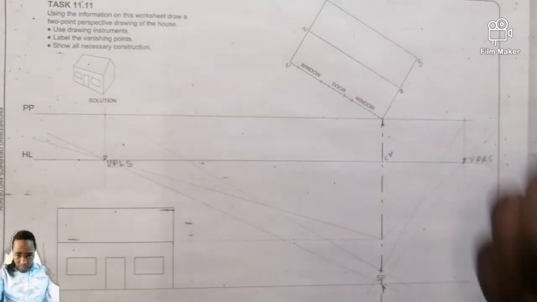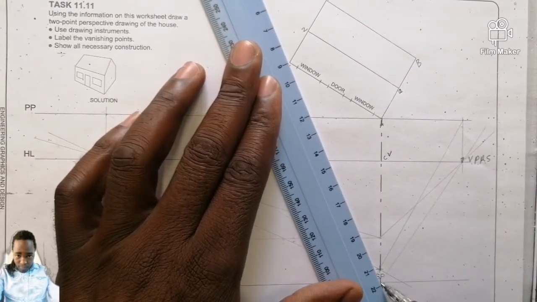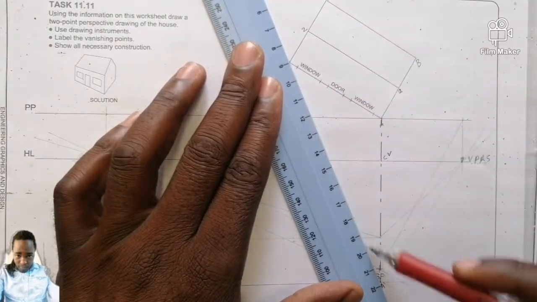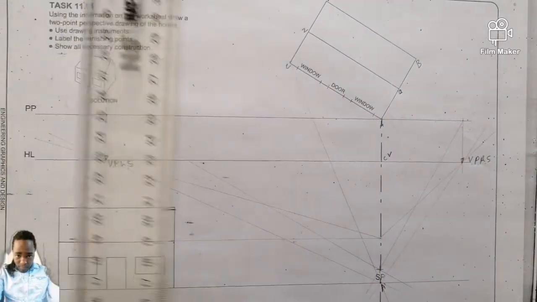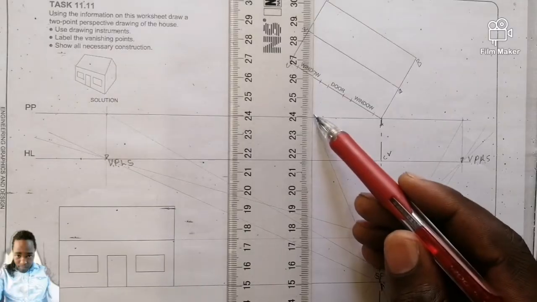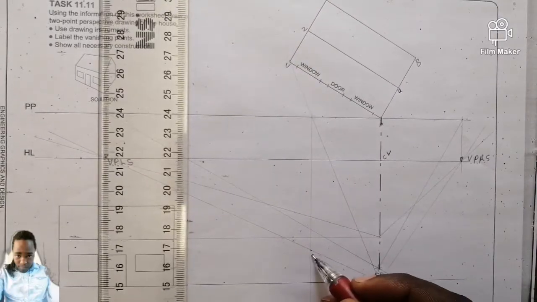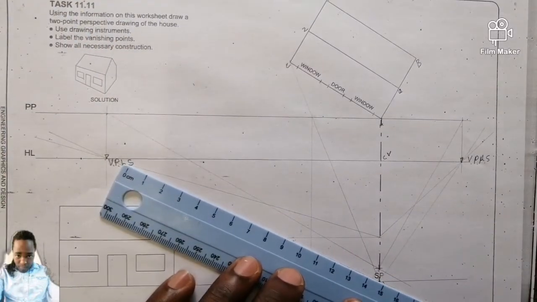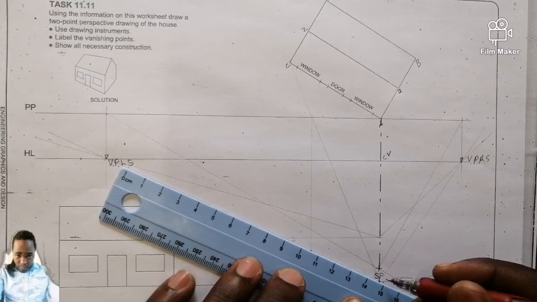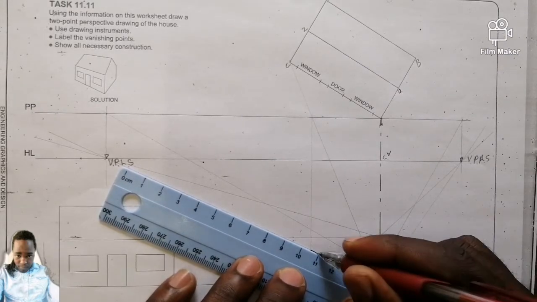Take point C now, point C to your stationary point. Once it touches your picture plane, it becomes vertically down. So I can name this point the first derivative of point C. Join the first derivative of point A and point C, solid, like this.